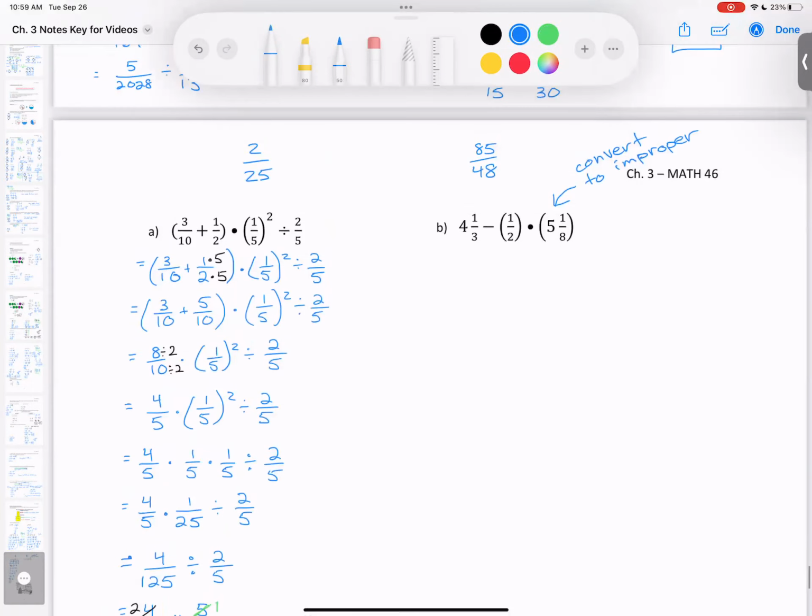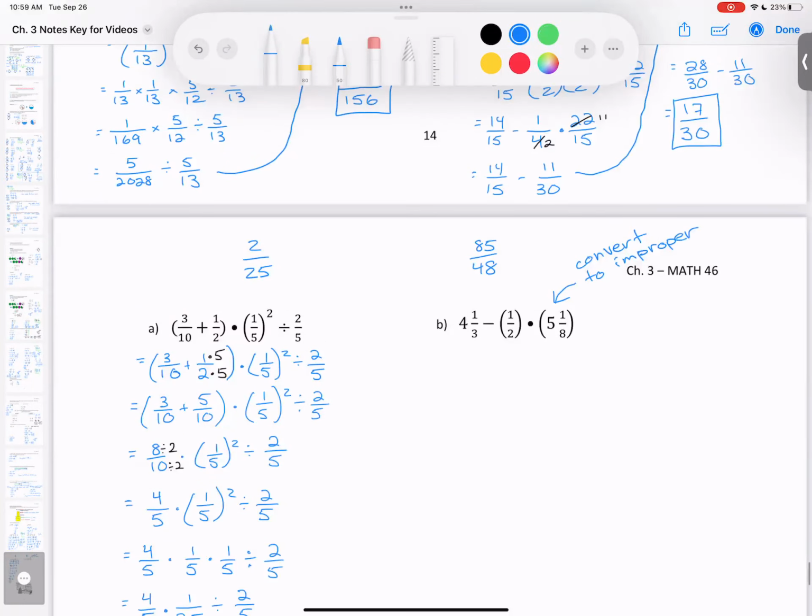All right, last question. What are we going to do first here? Well, I already gave you a hint in the last video. We should start by converting to improper fractions. We actually have 2 mixed numbers, so we need to convert them both to improper fractions. So that would be 13/3 minus 1/2 times 41/8.